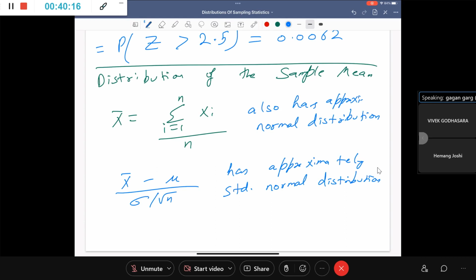Here also I should put approximately. So x bar has approximate normal distribution, and then x bar minus mu divided by its standard deviation sigma by root n also has approximate standard normal distribution.